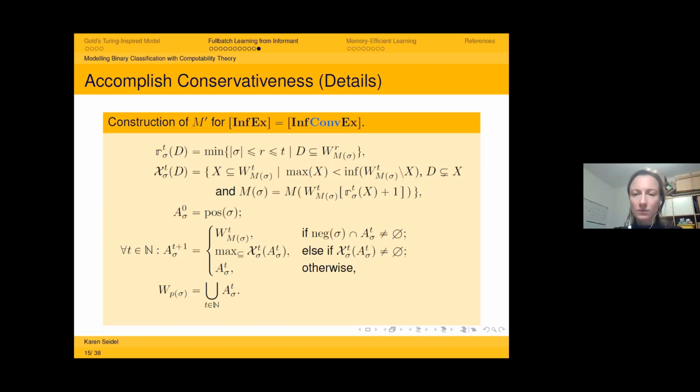I mean, we only extend if we are sure that we only include information that we do not need later on to justify a mind change.